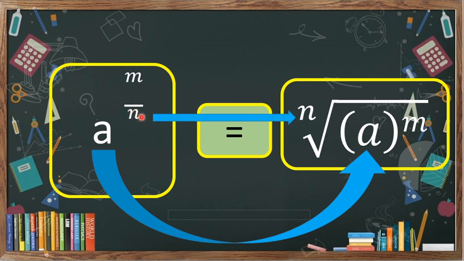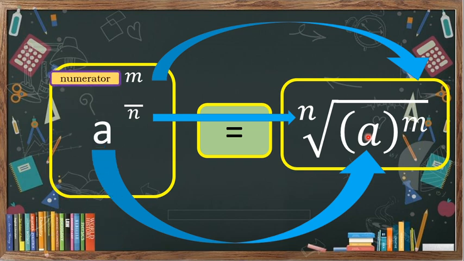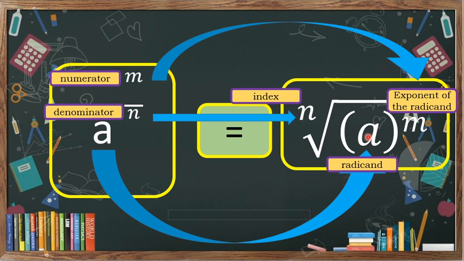Then, the denominator as the index. The numerator as the exponent of the radicand. So, here are their names. The numerator became the exponent of the radicand. The denominator became the index. Then, our base is now the radicand.